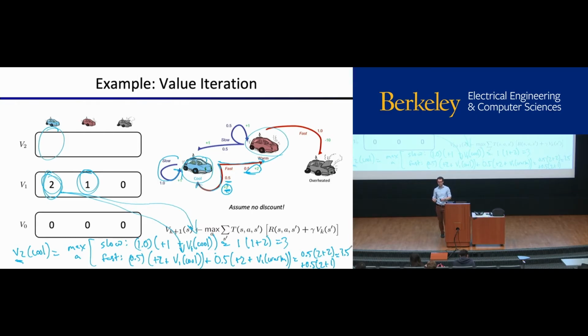So now we have to go back one level to the max. This is our max node. And so we say, well, what's bigger, 3 or 3.5? The answer is 3.5. So if I did the math right, there will be a 3.5. And then we could do the same thing for the other ones. So each time we say, okay, I want to compute the value V2 of a particular state. I've already computed the values V1 for all the states at the previous level.